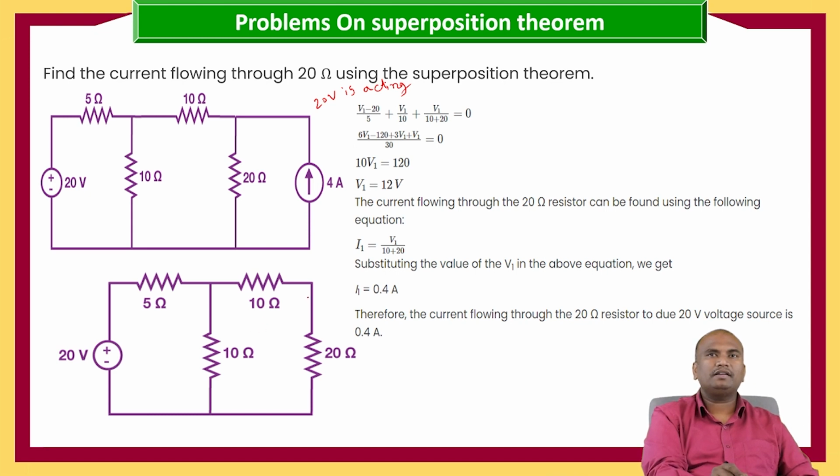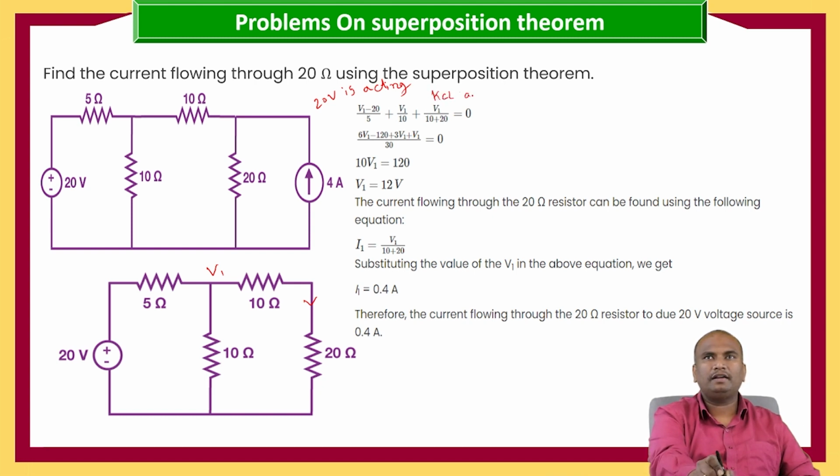In order to calculate the current flowing through 20 ohms, we are going with the nodal method by considering this node voltage as V1. Now we are applying KCL at node 1.